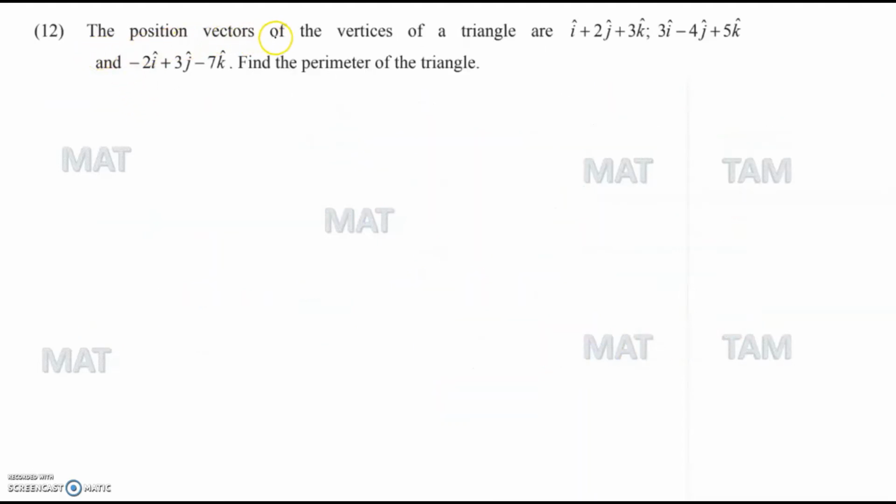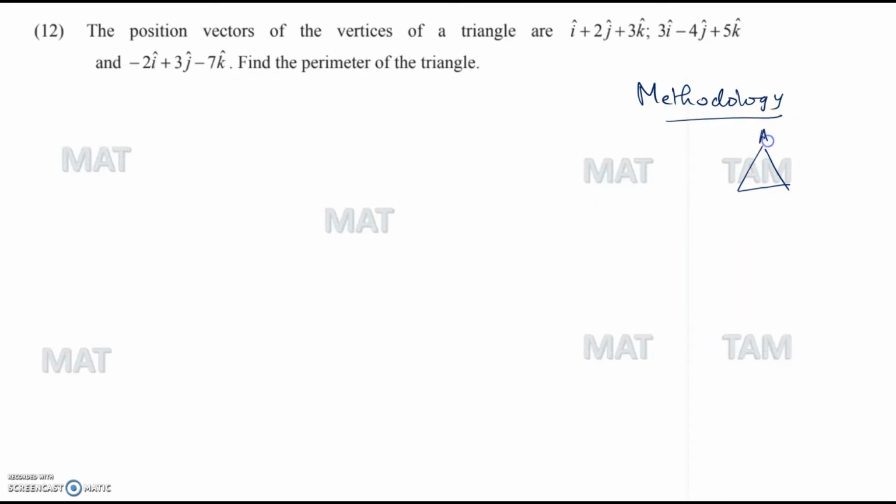Question number 12. The position vectors of the vertices of a triangle are given by these three vectors. Find the perimeter of the triangle. So what is our methodology here? So for a triangle, the perimeter is the sum of the sides.